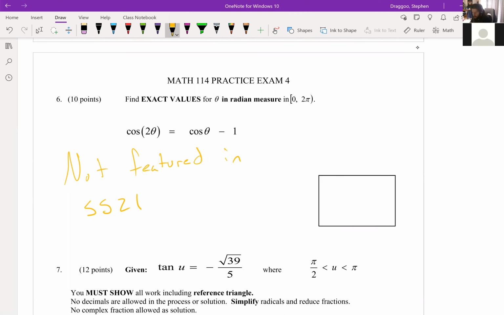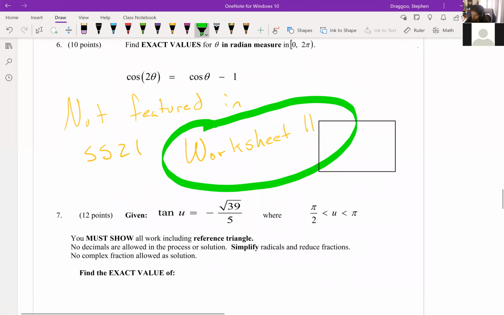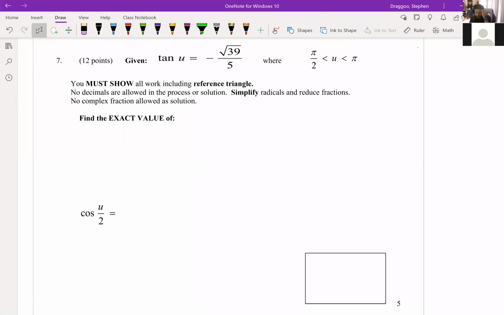So this is from worksheet 11, which is bonus content this semester. And by that, I mean it's not on quizzes or exams, so we don't need to worry about it. So moving on to problem 7.